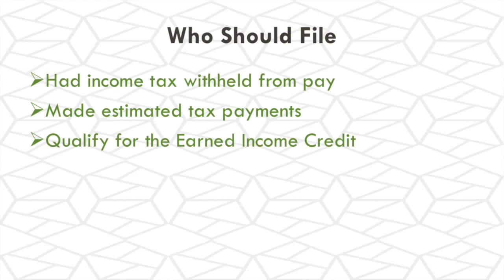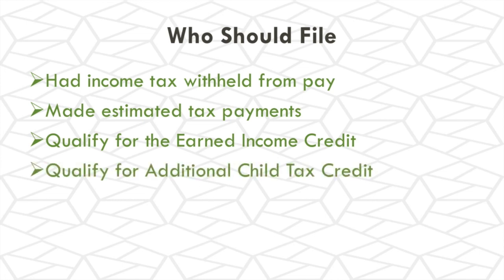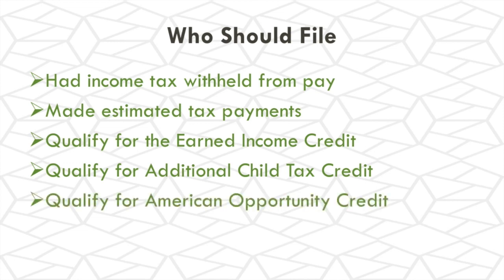If they qualify for the Earned Income Credit, remember this important federal benefit is only available by filing a tax return. They may qualify for the Additional Child Tax Credit. A taxpayer may not have to file or owe taxes, but they still may qualify for this refundable credit if they have children.